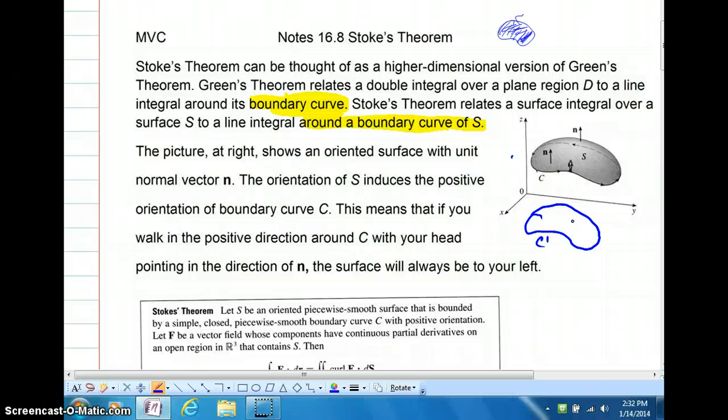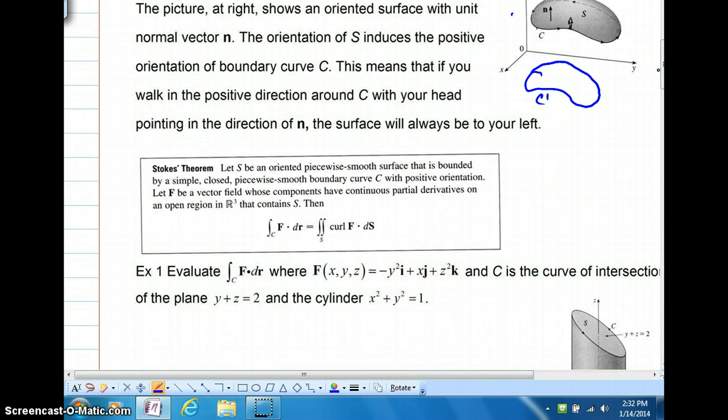Let's take a look at the box here and see where we're going with it. We're saying that S is this positively oriented surface. We're saying, hey, if you wanted to find that line integral going around that boundary, well, it would be the flux of the curl of F. The flux, the surface integral over a vector field, but not over F itself, but the curl of F. Wow, we don't have time to prove it.